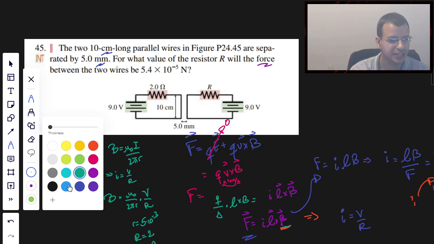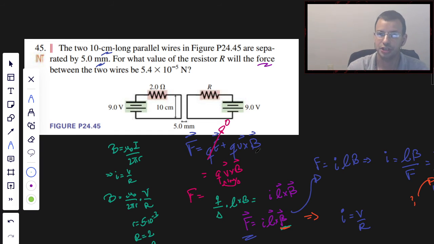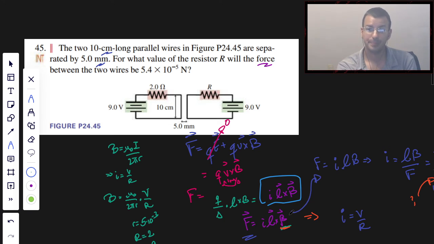So we start with the idea of force equals QE plus QV cross B. We quickly simplify that to the force on a current-carrying wire, which is force equals I L cross B, where L is the direction of the current in the wire and B is the magnetic field. They happen to be perpendicular, so we just drop the cross product, because when the vectors are perpendicular, it's the same as multiplying by 1.